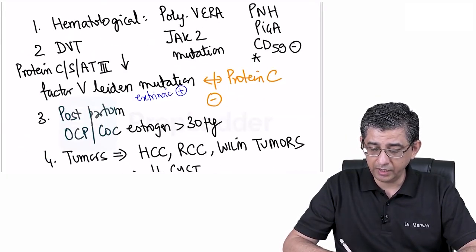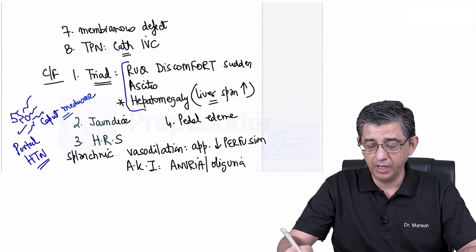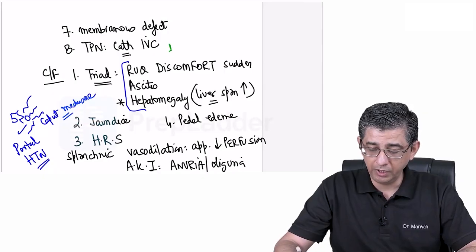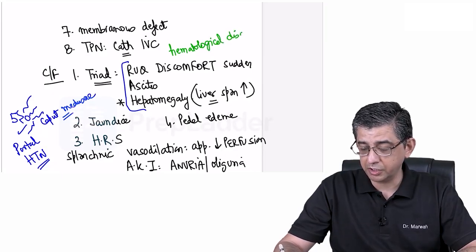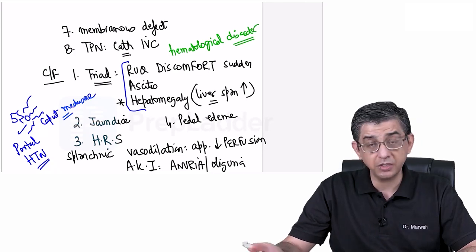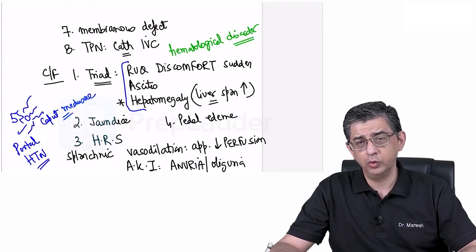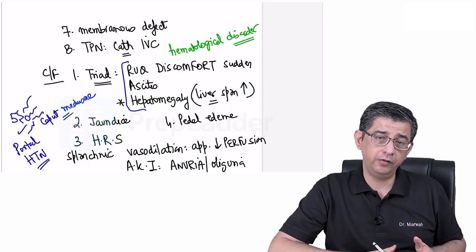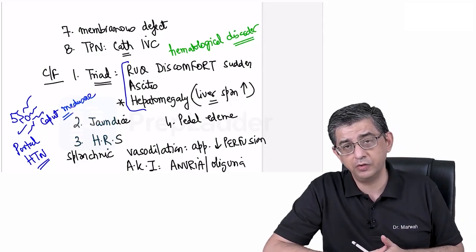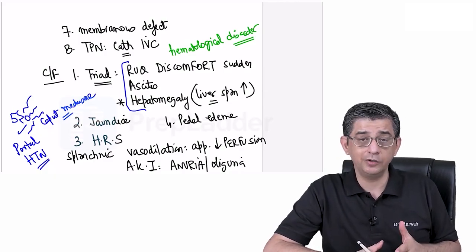And this entire clinical presentation that I have made before you, of right upper abdominal discomfort, ascites and hepatomegaly, could be described in a question that will begin with a hematological disorder. The history will correspond to PNH, or it could be a history corresponding to polycythemia vera. Both are totally different disorders. One is a myeloproliferative disorder, another is an acquired stem cell disorder, but the common thing between the two will be the development of stasis.